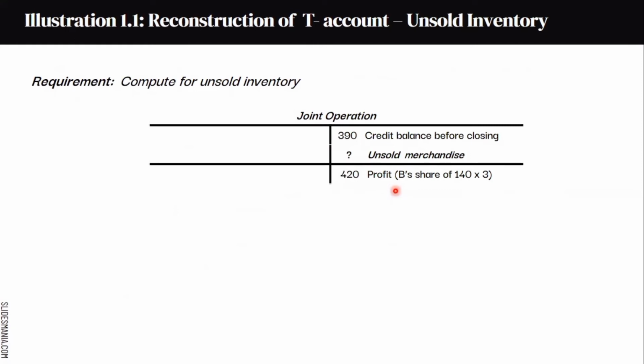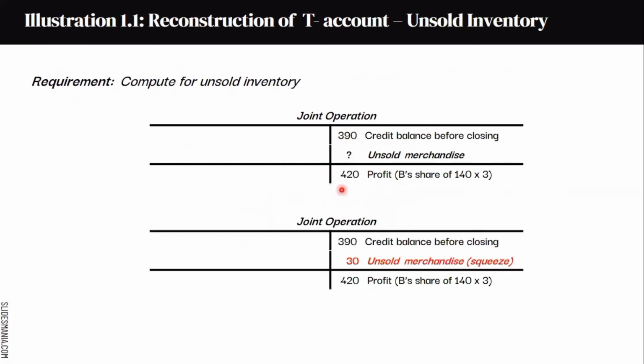Divided equally yon. So, 140 multiplied by 3. So, merong profit po ang joint operation na 420. So, i-squeeze na po natin yan. So, 420, less natin yung 390. So, meron siyang unsold merchandise na 30 pesos. So, ganyan lang yan. Diyan sa reconstruction of T account, unsold inventory.